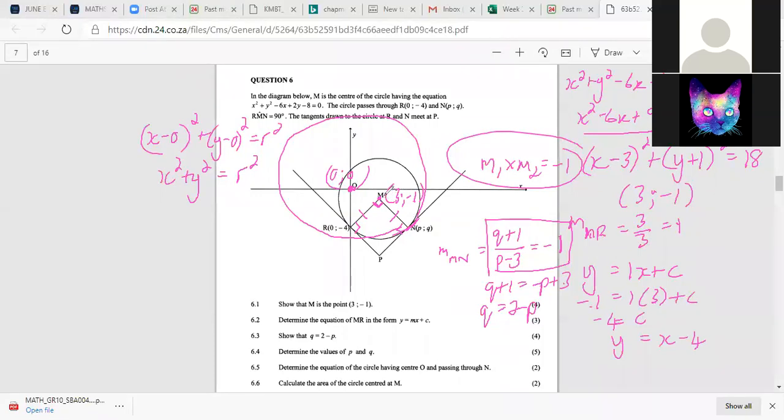So we can find the equation of MN, and then we can sub this in. So the equation of MN, y for MN is M, which is minus 1x plus c. And then what I'm going to do is sub in the x and y. Oh, it's going to cut out. I'm so sorry.